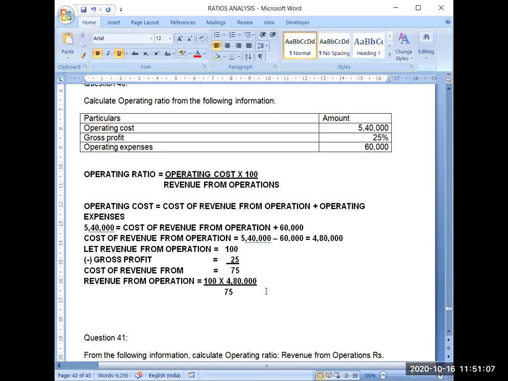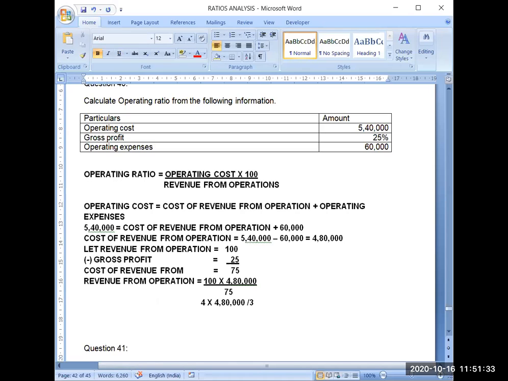So the remaining number will be 4 into 4,80,000 divided by 3.